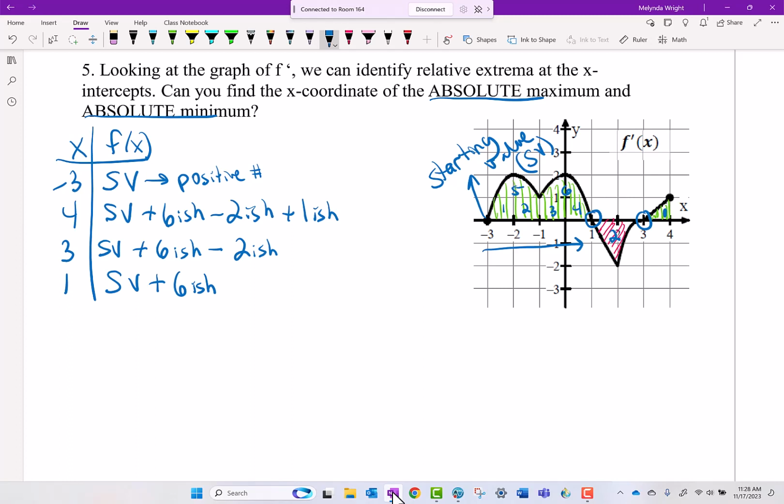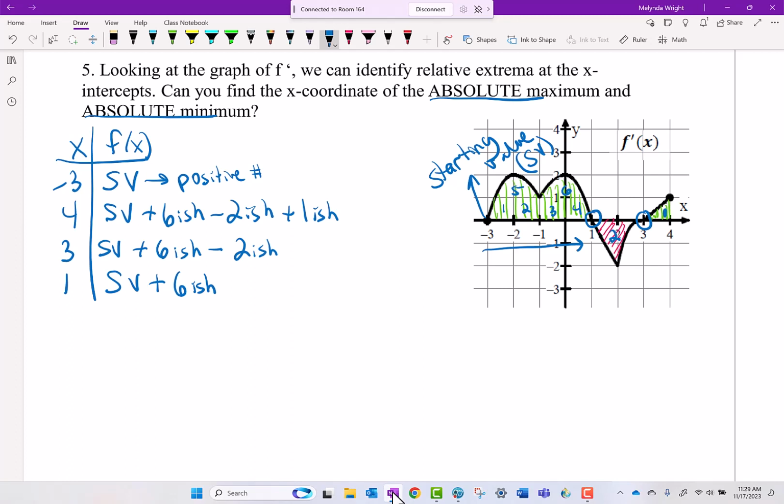Okay, so if I start at some positive number and I add 6, and let's see, where is my very smallest number going to be? At -3, right? That's going to be the very smallest y value, whatever it is, because all the other ones I'm adding stuff to. You with me? No matter what it is, it's the very smallest one.